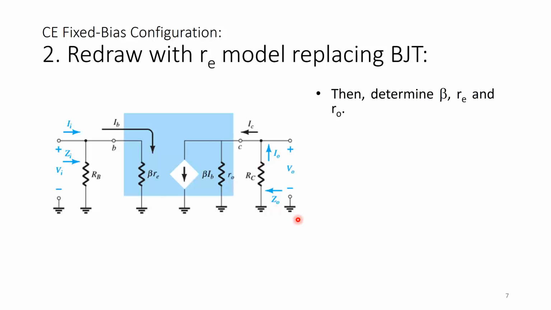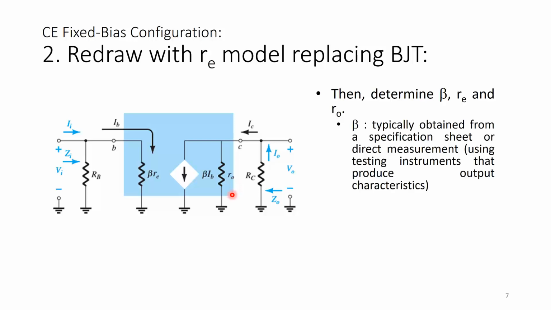Okay, and then having redrawn this AC equivalent circuit with the RE model, before we can proceed, we will need to determine beta, RE, and R out, because these are values that we need to find.